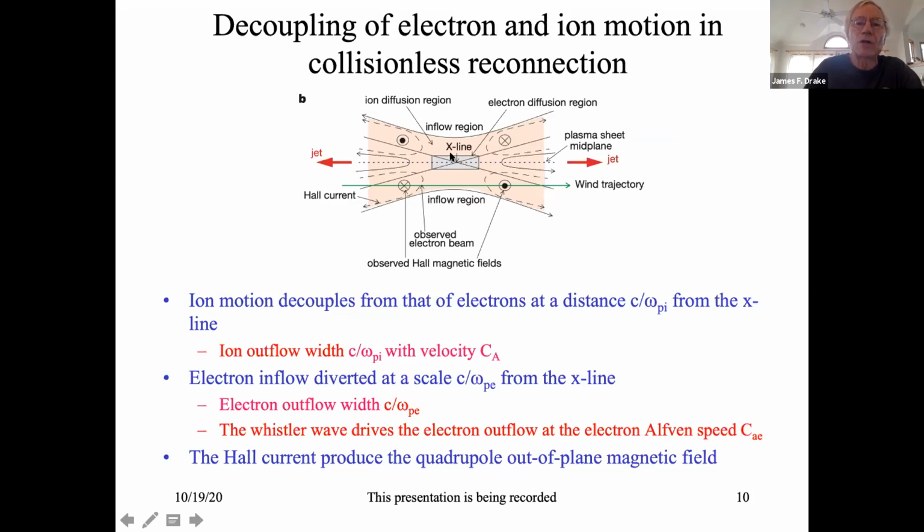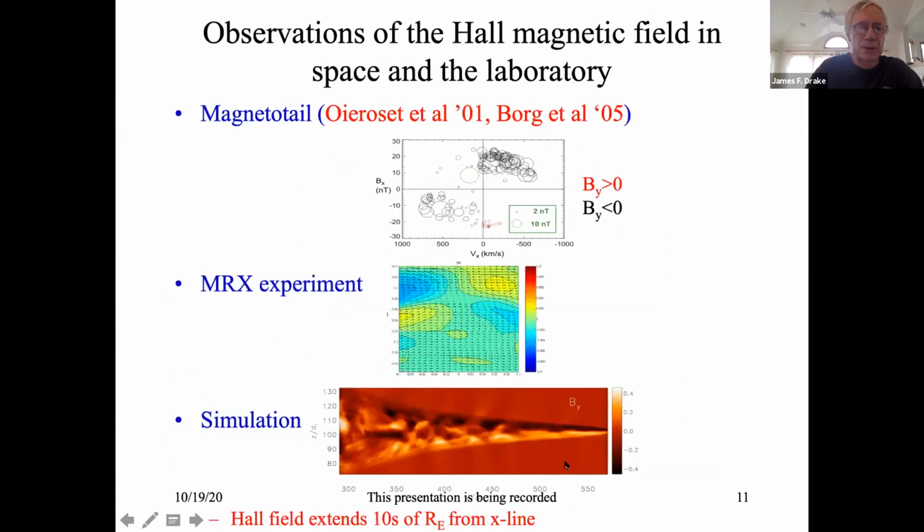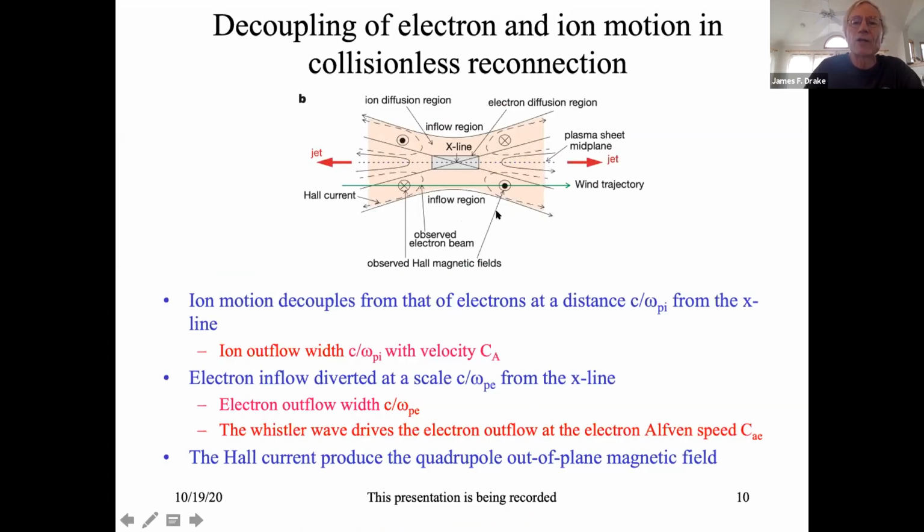The electrons very close to this, in this narrow region here, are actually controlled by whistler wave dynamics. And the peak outflow speed that the electrons can gain is the electron Alfvén speed, which is the square root of the mass ratio larger than the Alfvén speed. So the electrons get ejected with high velocity, and then they have to slow down to join up with the ions.